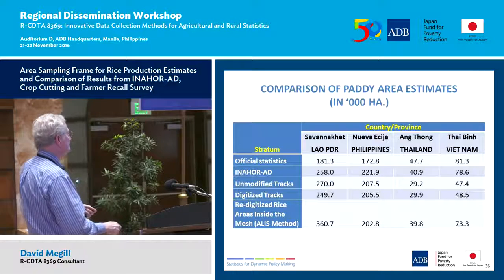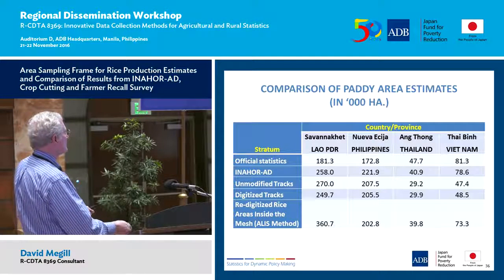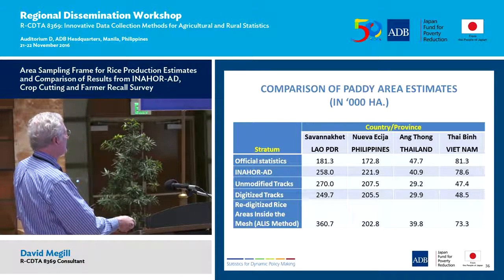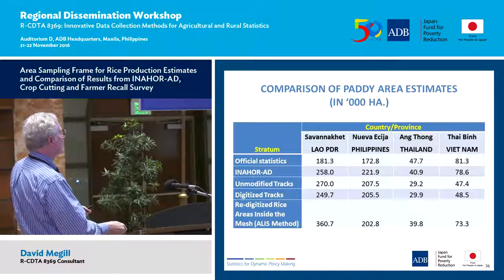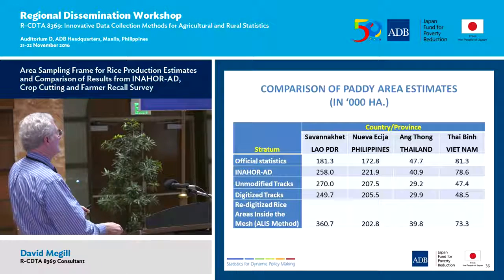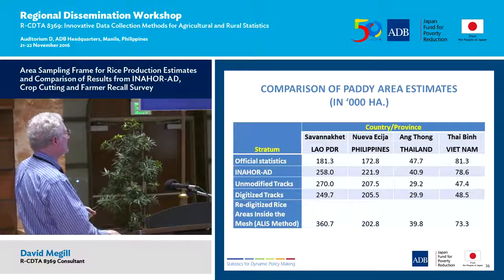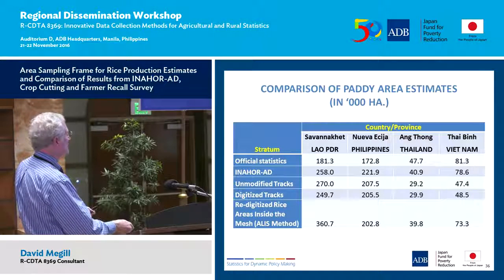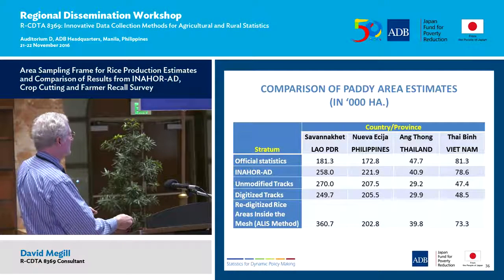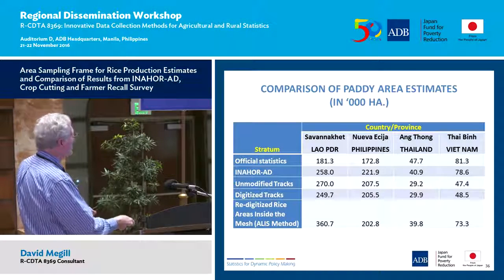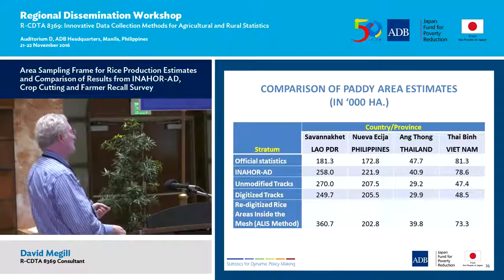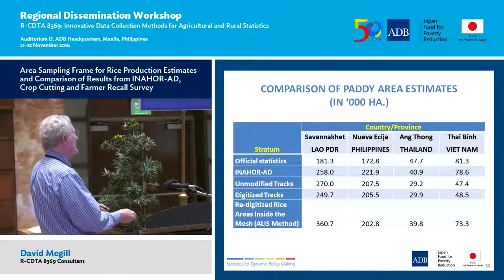And now this is interesting. We consider that the Alice method will give us more accurate estimates, and you can see that it's giving a much higher estimate in the case of Savannakhet. Okay, we can examine these results a little bit more.